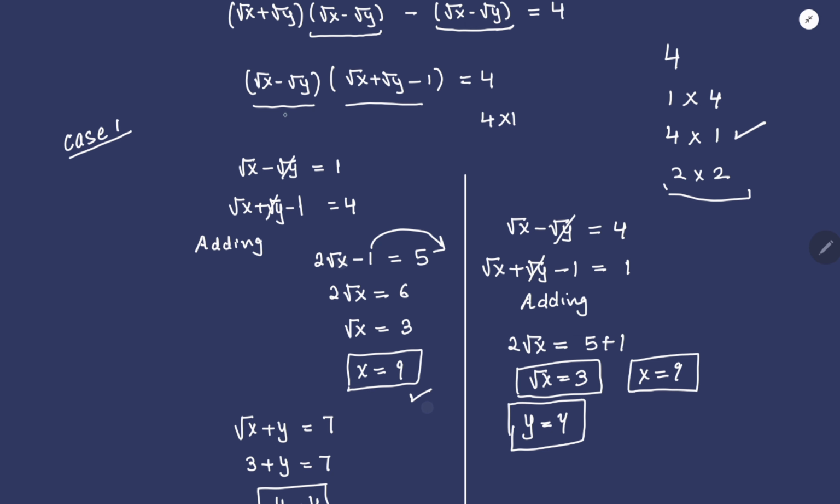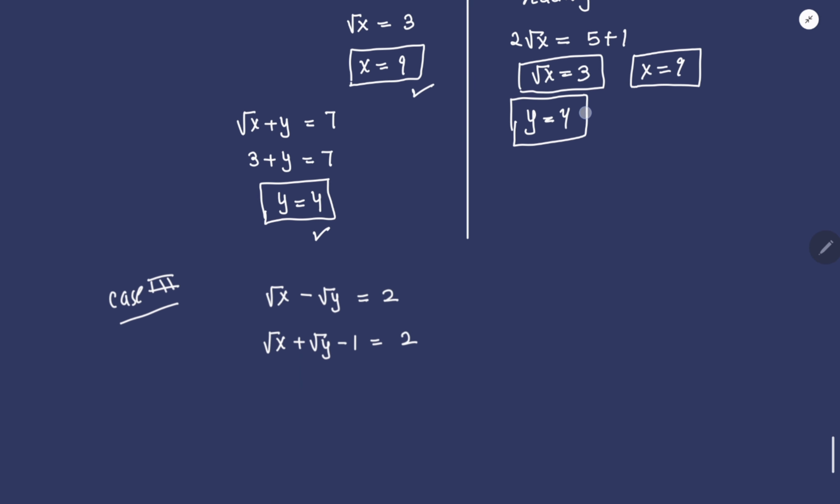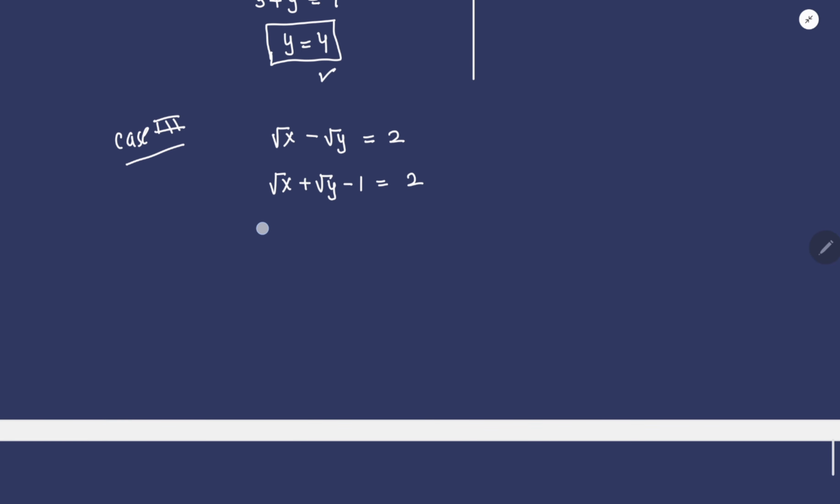Now when I add, what will I get? This will cancel out, right? 2 under root x minus 1 is equal to 4. 2 under root x is equal to 5. Under root x is equal to 5 by 2, right? And x is equal to 25 by 4.